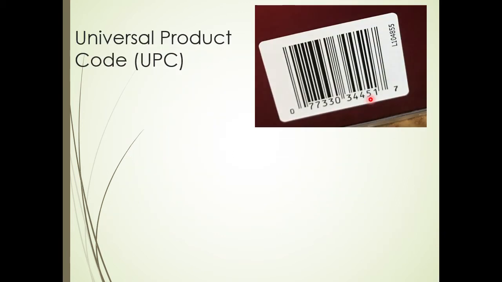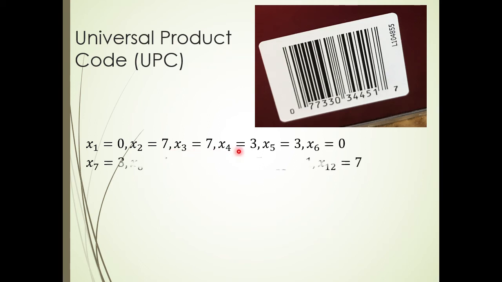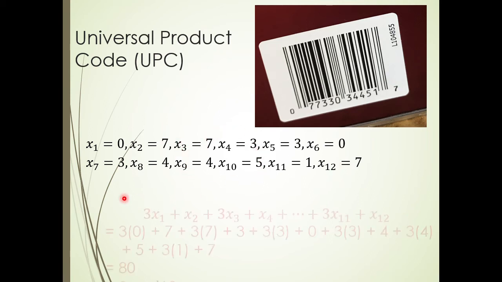Let's take a look at this product with UPC 12. In this case, x1 is 0, x2 is 7, x3 is 7, and so on and so forth. So the check digit is the last one, 7. Now let's verify that these numbers satisfy the check digit condition.